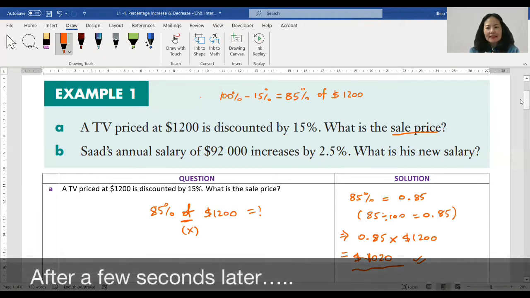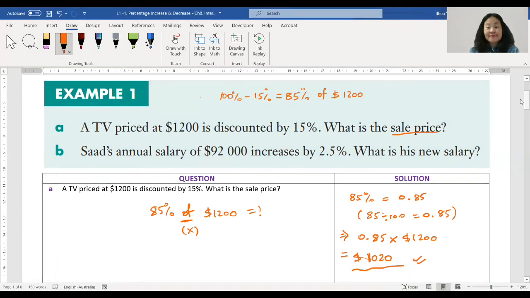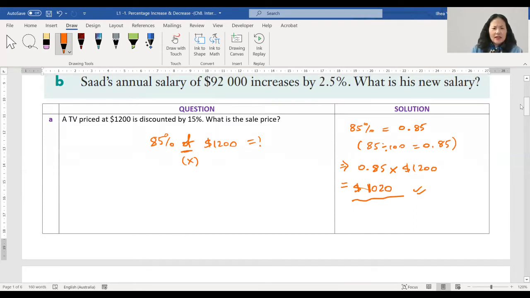Would you then find... Actually, yes, 15% is $180. So then would you add that on to 1,200? So then it would be 1,380. That's good math that you just did.